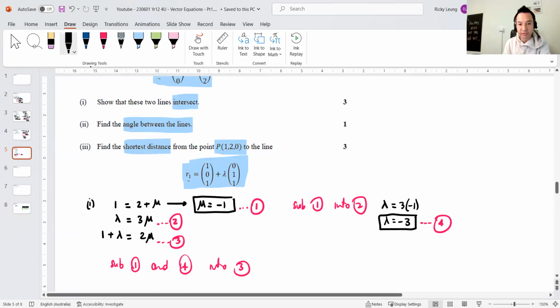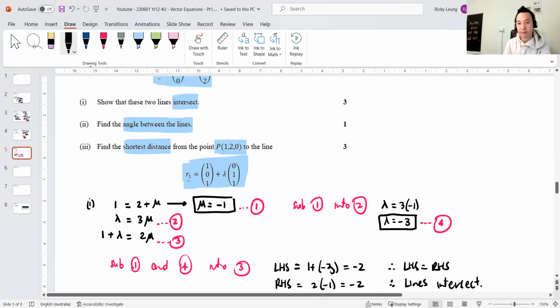Left-hand side equals 1 plus -3, which is -2. Right-hand side equals 2 times -1, -2. Therefore, left-hand side equals right-hand side. Therefore, lines intersect as required.